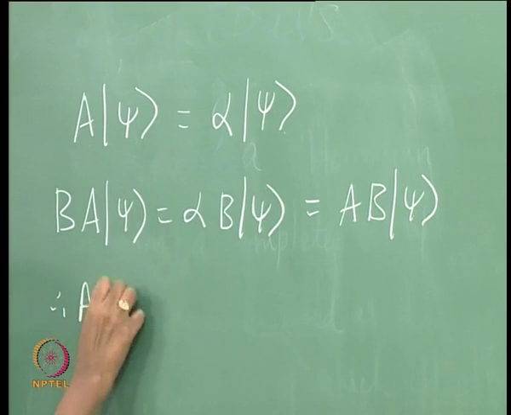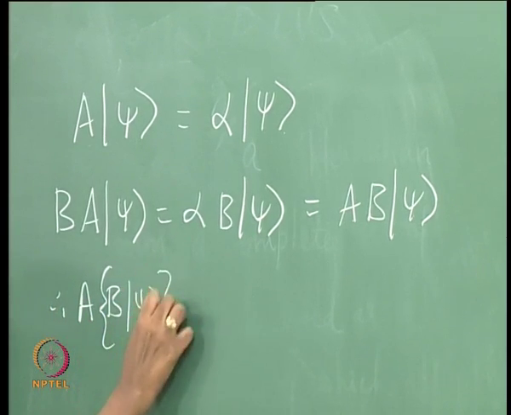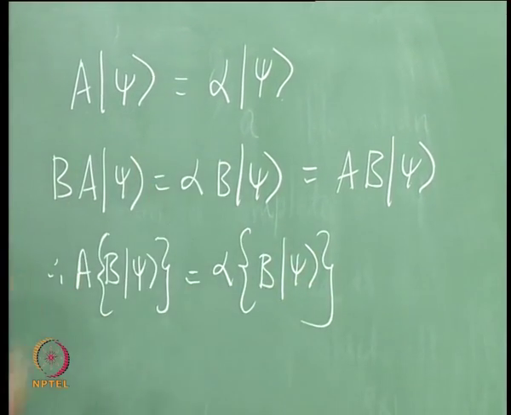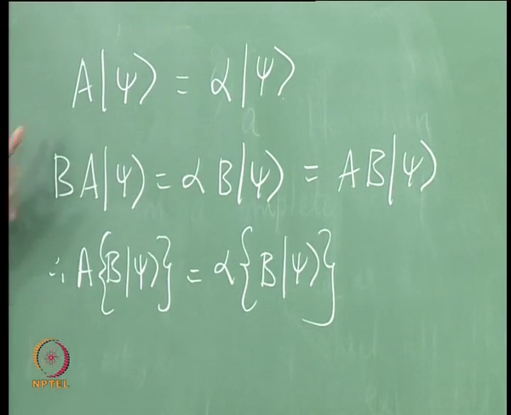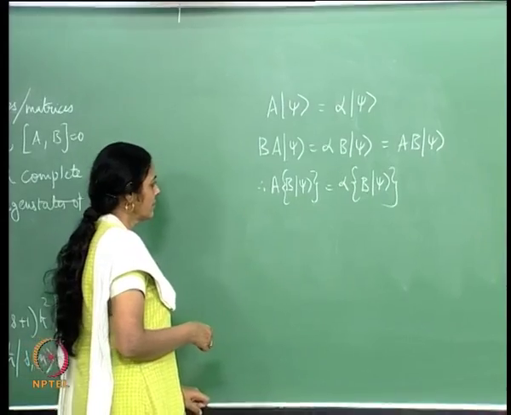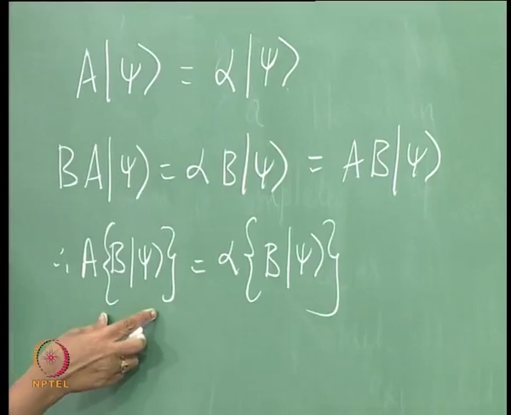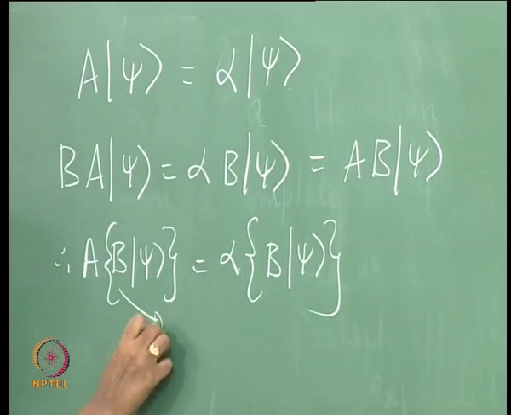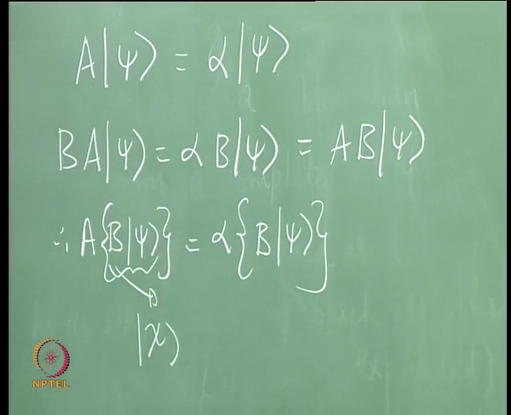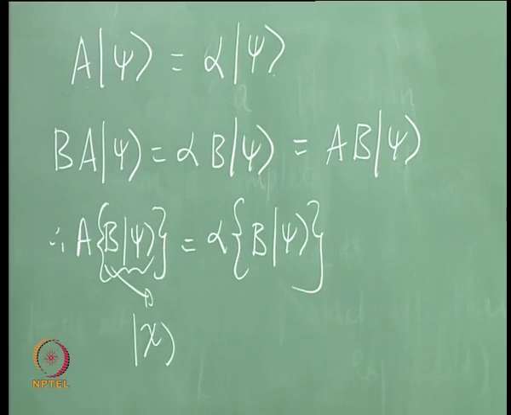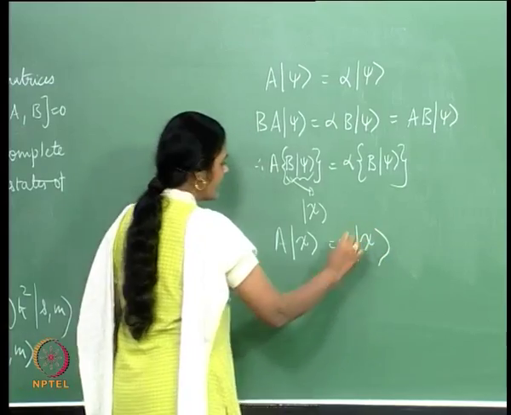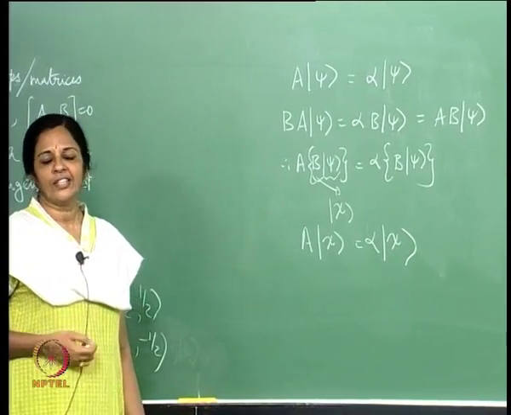Therefore, A B psi is alpha B psi, where alpha is the eigenvalue of A corresponding to the eigenvector psi. We have then shown that B psi, this is another state which I will call chi, because an operator acting on a state gives me another state. We have established therefore that B psi is also an eigenstate of A with eigenvalue alpha.